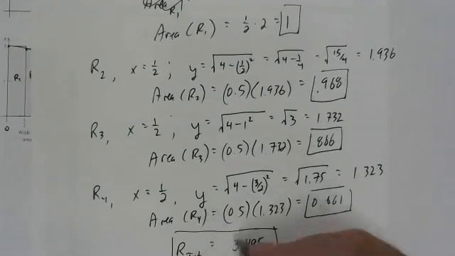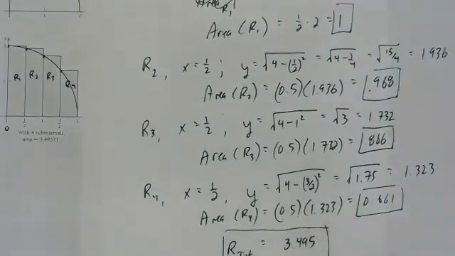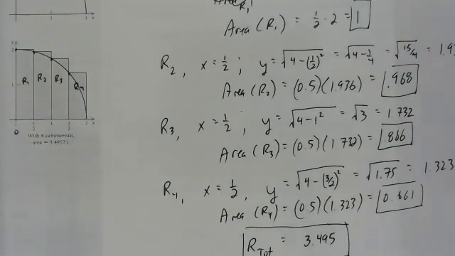So that's, I almost call it an estimate of the area underneath this curve. I know it's not quite right because it's obvious from looking at it. That's the kind of problems you're going to have to do in the homework.